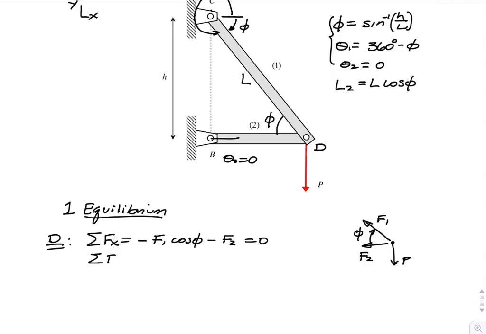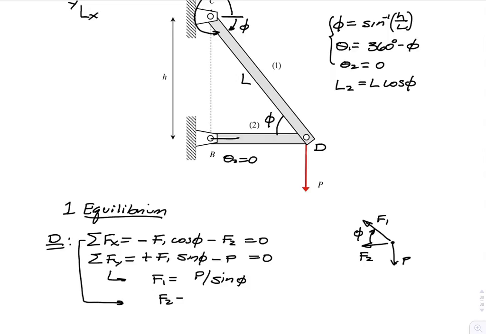I sum forces in y. The y component gives me a plus F1 sine phi, and that's minus P. So from this, we see that the member force F1 is equal to the applied force P divided by the sine of phi, and therefore we have that F2 is equal to minus F1 cosine phi.